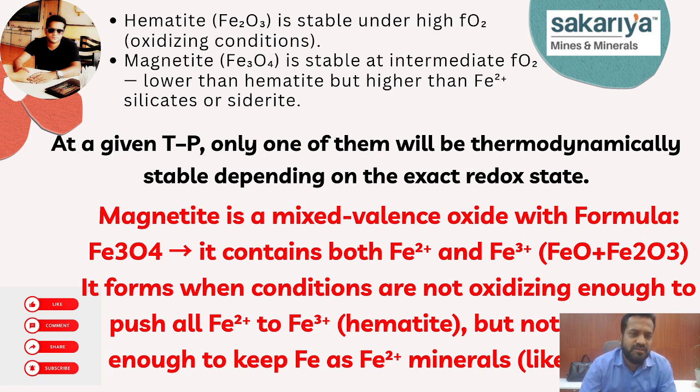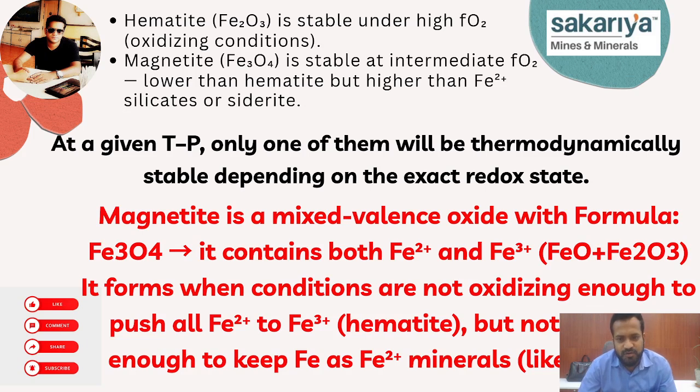Iron silicate and iron carbonate form mostly in very low oxygen fugacity environments. Magnetite is in between, and hematite is high oxygen fugacity, that is oxidized condition. So at a given temperature and pressure, only one of them will be thermodynamically stable, depending on the exact redox state.